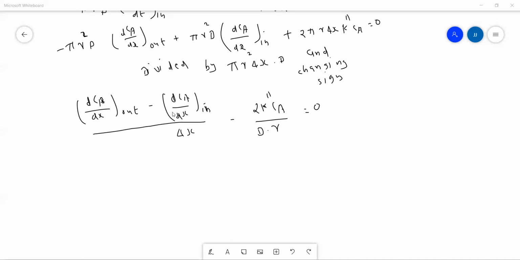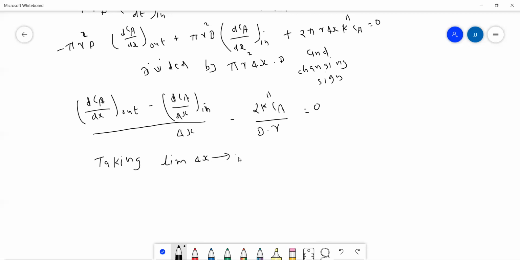(dCA/dx out minus dCA/dx in) divided by delta x, minus 2k double dash CA divided by r, is equal to 0. Now taking the limit delta x tends to 0, this becomes a double derivative, because at the bottom we have delta x.